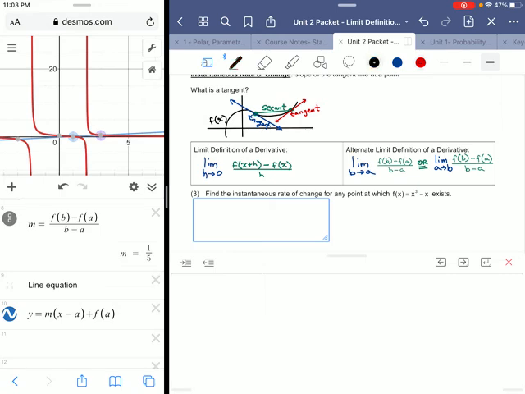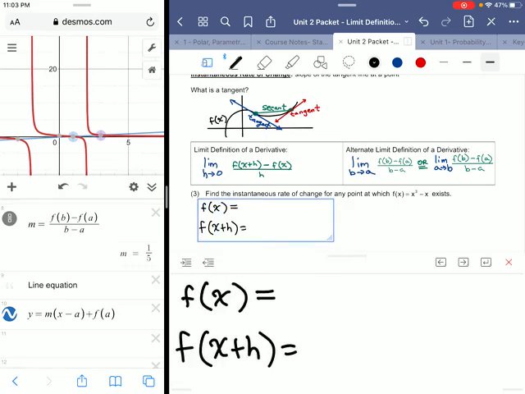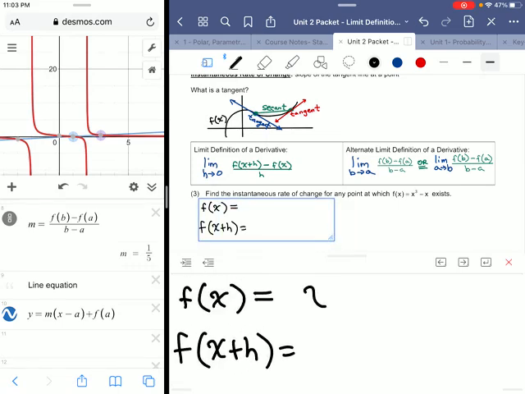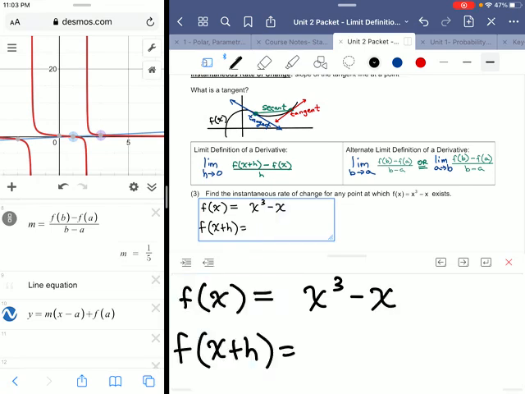All right, so I'm going to write f of x plus h. Well, I'll rewrite f of x first, and then right below that f of x plus h. Those are the two main components of the limit definition. So f of x is x cubed minus x. Whenever you evaluate a function, all you're doing is replacing the variable in that function with whatever you're evaluating in terms of.